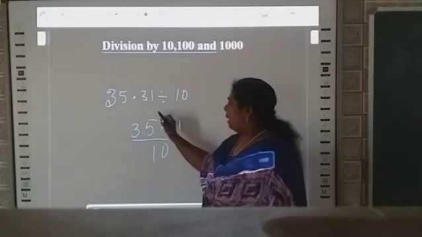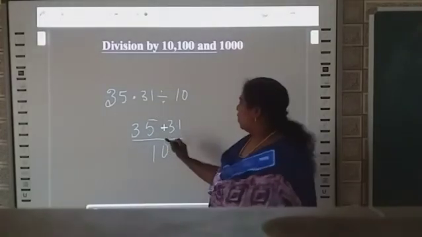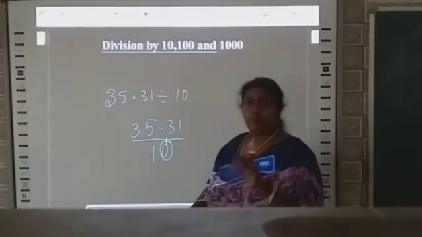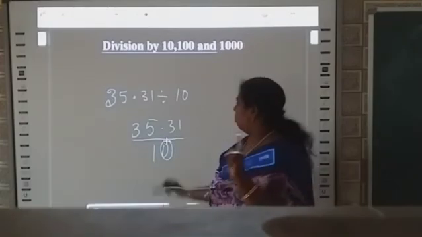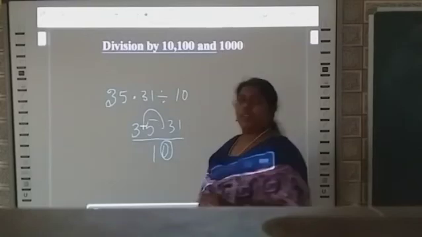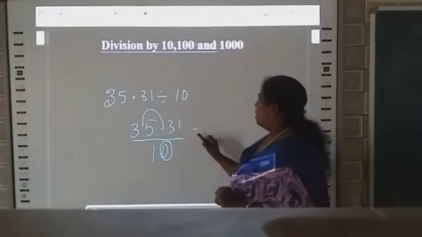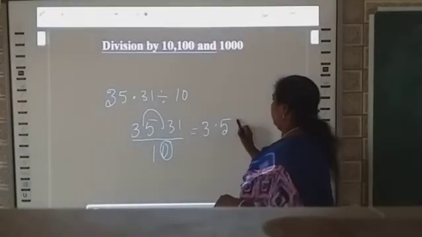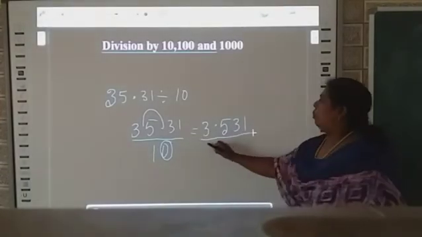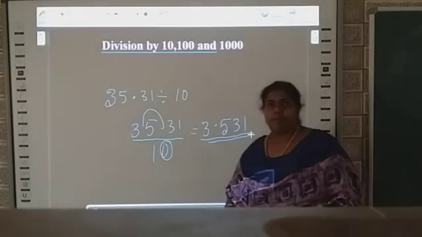Now we are going to move the decimal to the left side in division. So how many places do we want to move? 10 means only one 0, so we have to move only 1 decimal place. So the point will come here. Understand? So the answer is 3.531.